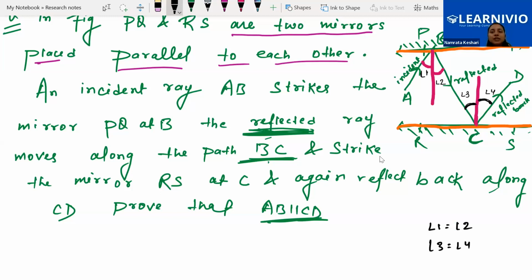Now, what we know is PQ and RS are parallel lines. So if we focus on any transversal, here BC looks like a transversal. Let me mark it with a different color.